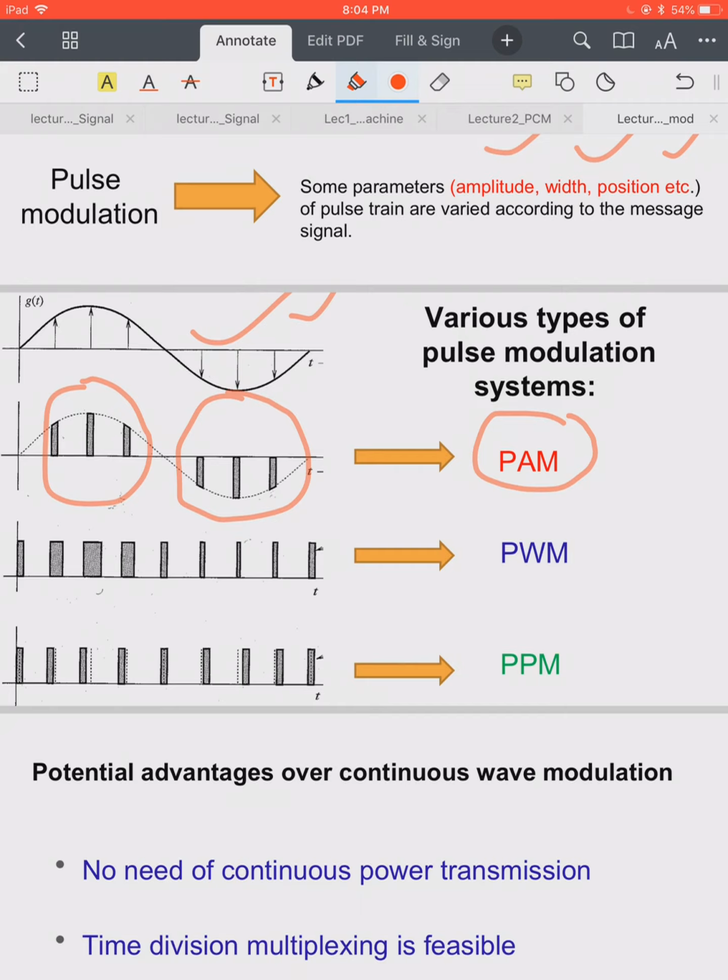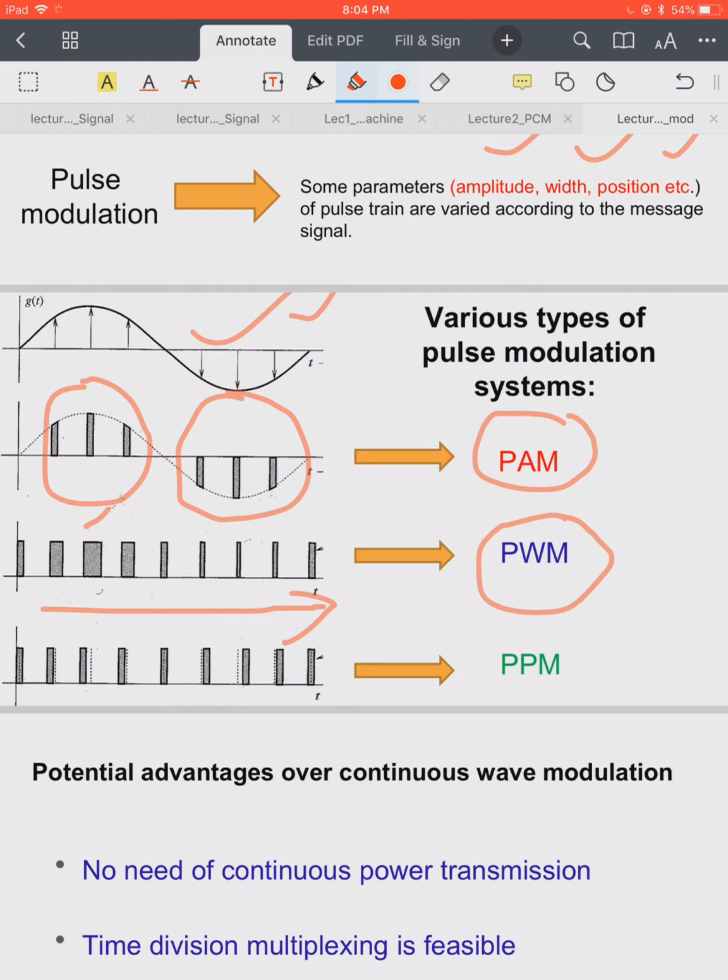Second, you can do pulse width modulation. As the name suggests, the width of the pulse will be varied according to the magnitude of the message signal. Here you can see the width of each pulse is varied according to the message signal. When the magnitude is maximum, the width is maximum.